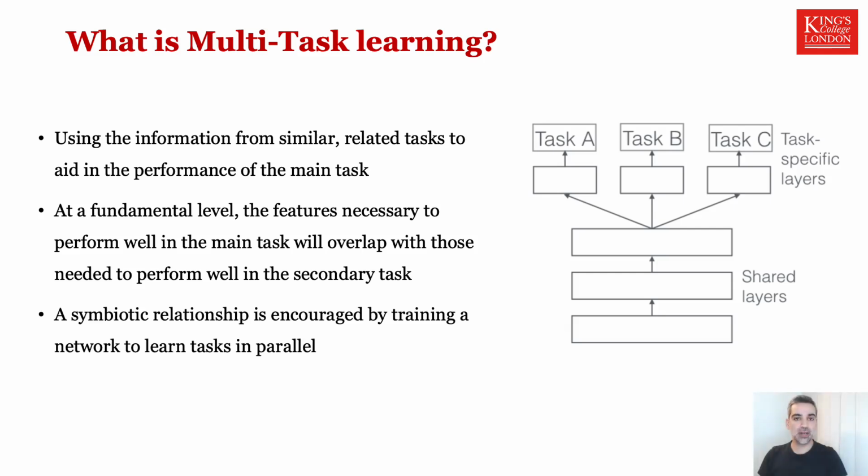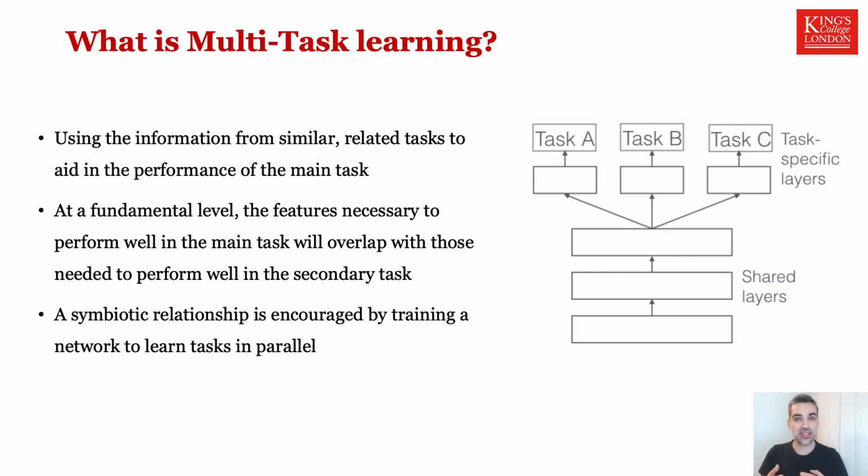Interestingly enough, many of the tasks that we're trying to solve can be very similar from the point of view of the network. If you're trying to, for example, classify a brain into multiple disease types, being able to classify the disease of the patient might be analogous or might use the same features or the same parts of the brain as another task, for example, being able to predict the age of the patient.